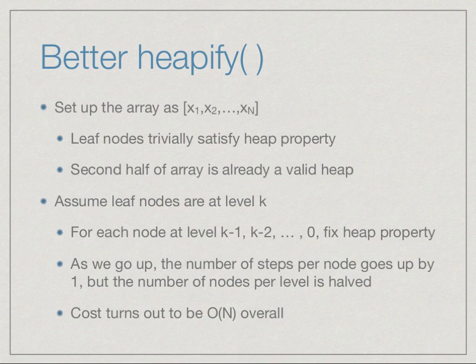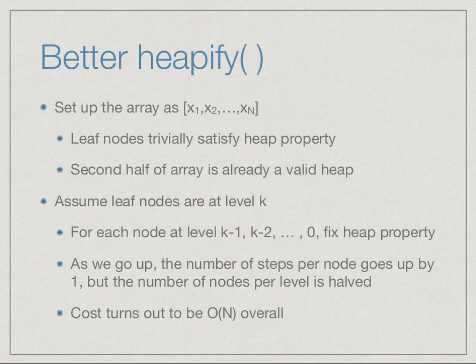So we go one level above, and then we can fix all heap errors at one level above. Right? And then again we move up one level above and so on. So we do the kind of top to bottom heap fixing that we did with the delete max while we are building the heap. As we are going up, the number of steps that we need to propagate this error goes higher and higher because we need to start at a higher point.